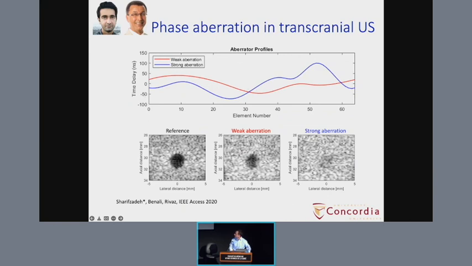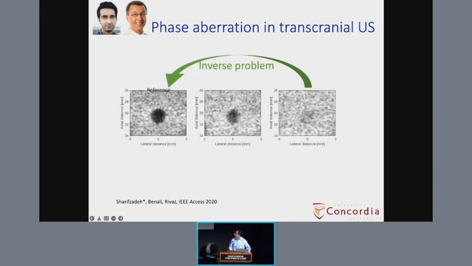We see that when we have the weak aberration, we lose part of the contrast, and when we have strong aberration, we almost completely lose the contrast. And again, we propose to use CNNs to solve this inverse problem of going from a strongly aberrated image to the high quality non-aberrated image. And he's working on much cooler versions of this.